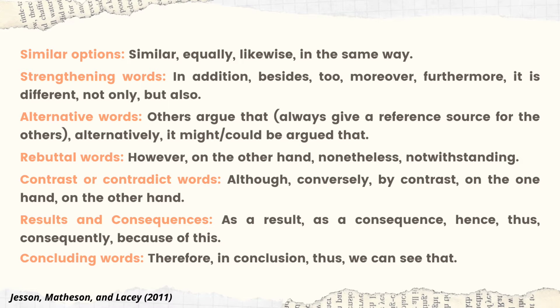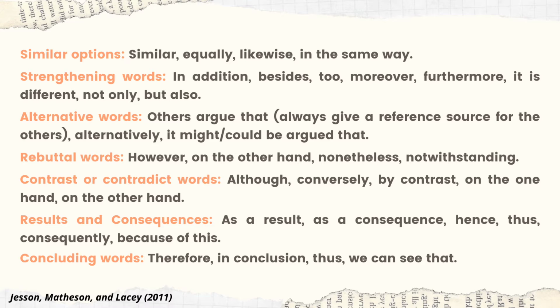For similarity, you can use similar, equally, likewise, and in the same way. For words that strengthen an argument, you can use in addition, besides, moreover, furthermore, it is different, not only, and but also.